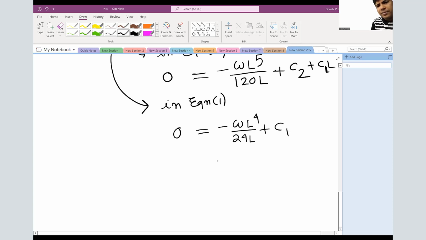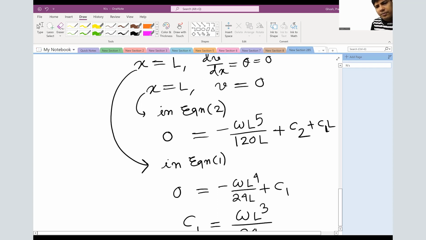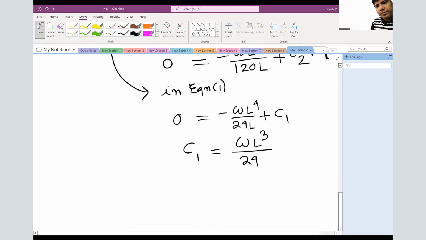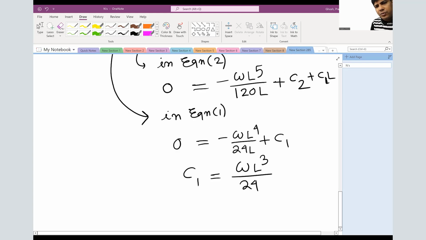So C1 becomes WL cube over 24. Correct? Then we can find out our C2.